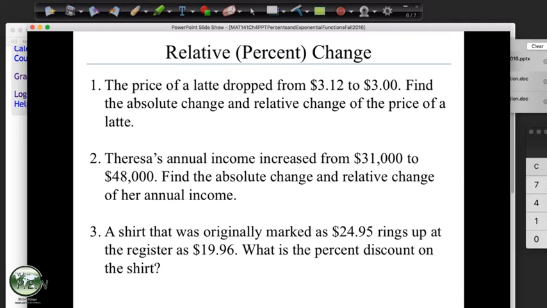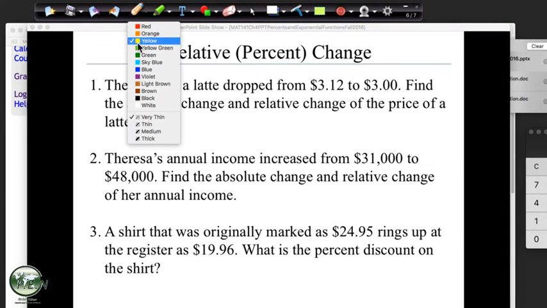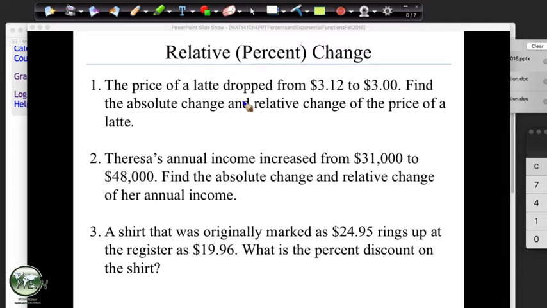Not really. It really is just as simple as identifying the new and the old. And I guess we could do that kind of quickly without too much effort. Let's do this in a dark blue. So latte dropped from this to that. So what's the new? What's the old? Makes sense that this one would be the old. That's what it was.